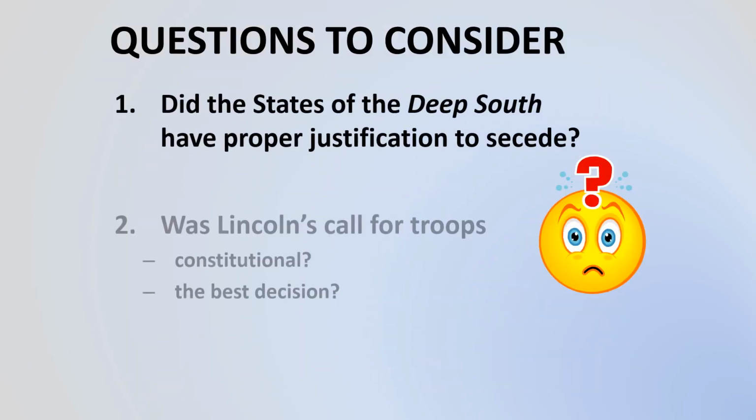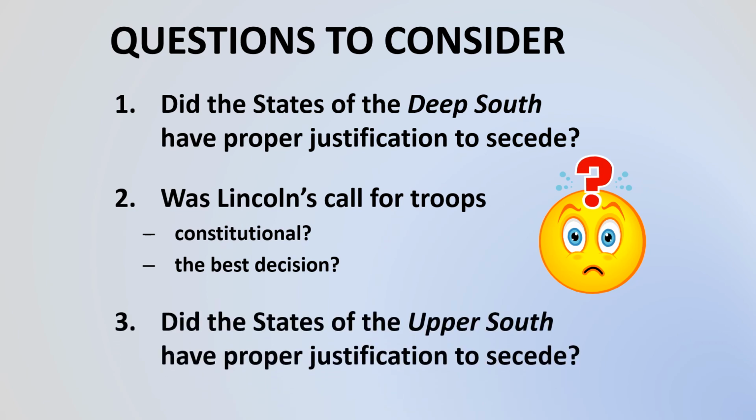So these are some questions I want you to think about. You might see them again. Did the states of the Deep South have proper justification to secede from the Union? Okay, so you can think about their reasons that we talked about previously on Road to the Civil War. Was Lincoln's call for troops constitutional? Was it an insurrection?